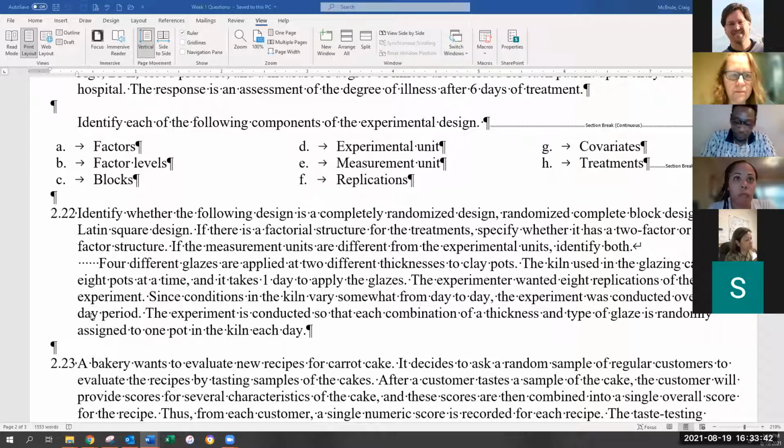If you remember back to Monday, we had the example where they had a bunch of different fields and they put different fertilizers in all the different fields. It'd be a similar thing. Instead of different fields, if you looked at your yield in one field every season, so every year you grow the same crop and at the end of the year you measure your crop yield.